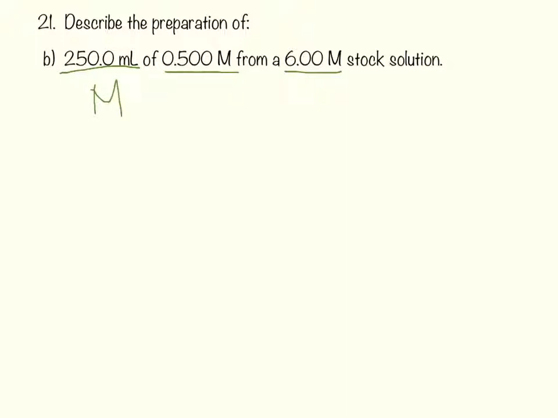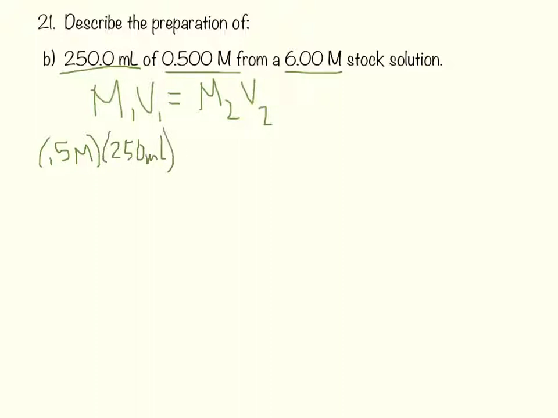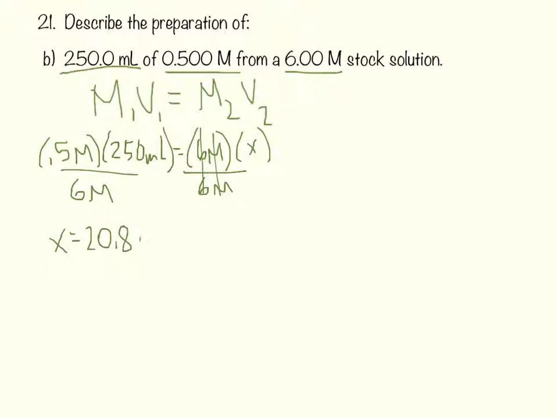And so if my formula is M1V1 equals M2V2, so my molarity 1 is 0.5 molar, my volume 1 is 250 milliliters, my molarity 2 is 6 molar, my volume 2 is X. So if we divide both sides by 6 molar, then the 6's cancel, the molars cancel, and we are left with X is equal to 20.8 milliliters.